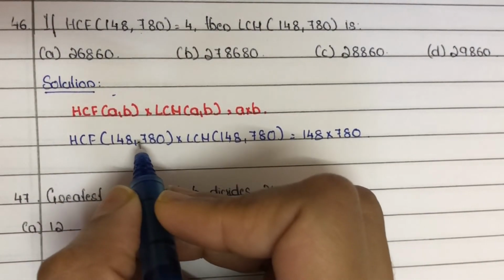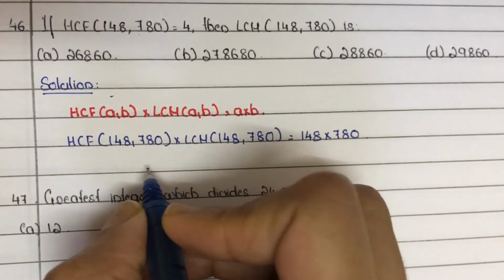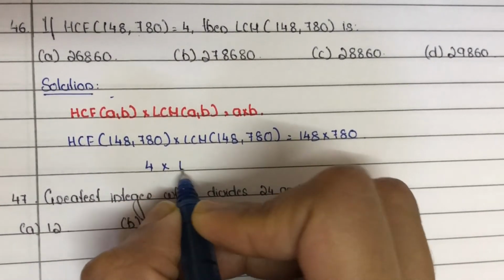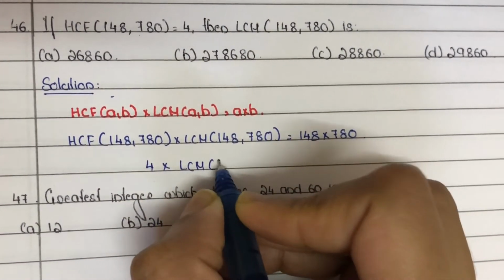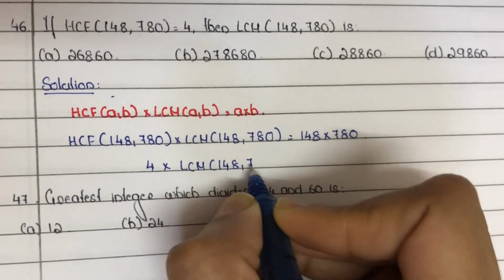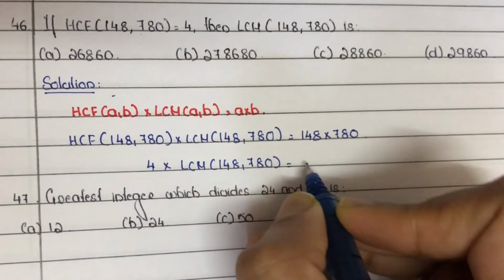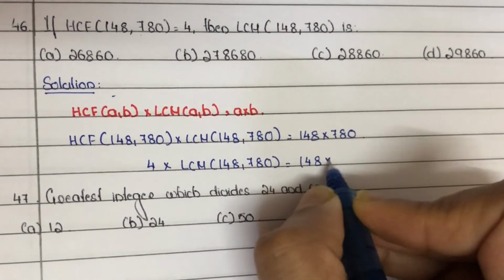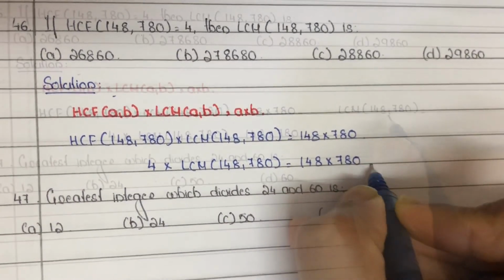Now substitute the values. HCF is 4. So 4 into LCM of 148, 780 equal to 148 into 780.